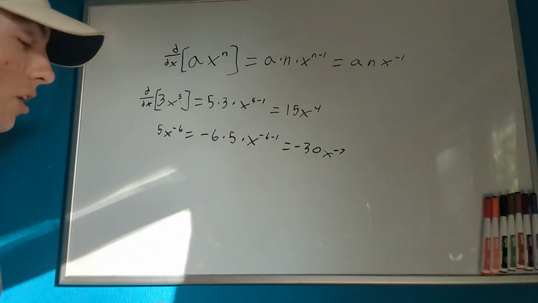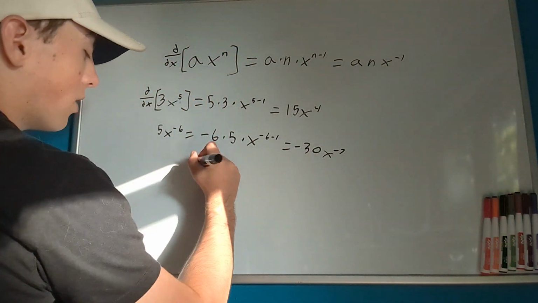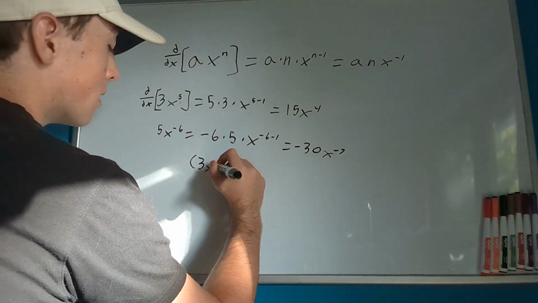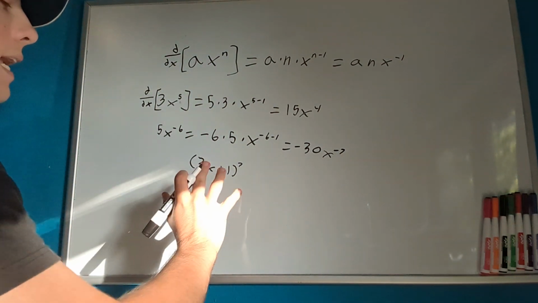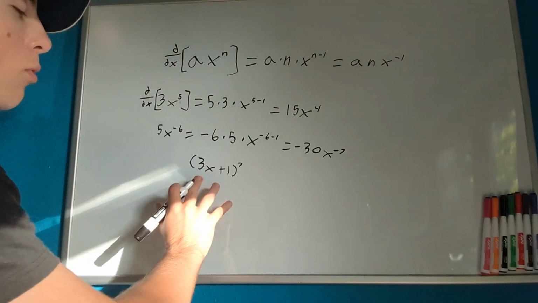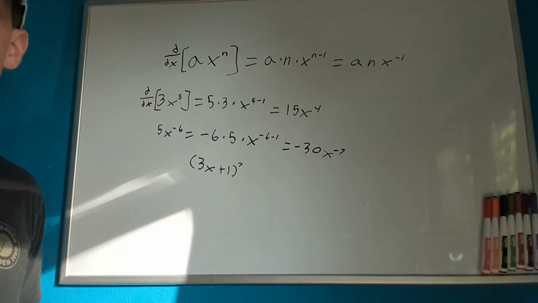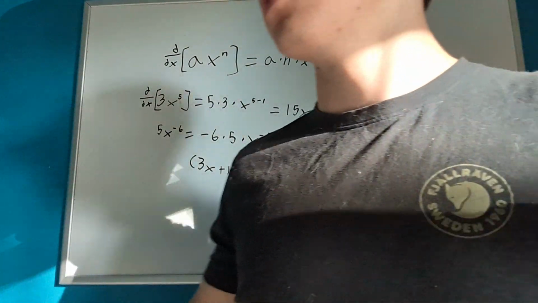All right, let's look at something else. Let's look at 3x plus 1 to the 7th. Now, can we use the power rule for something that looks like this? You might be tempted to do that.